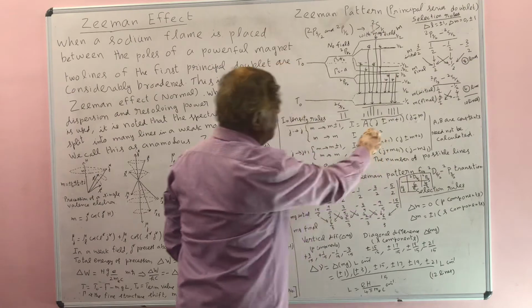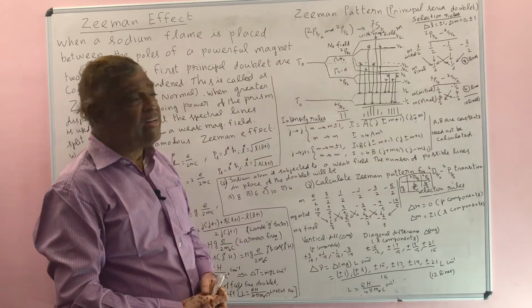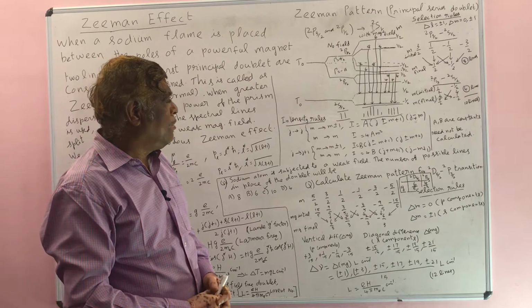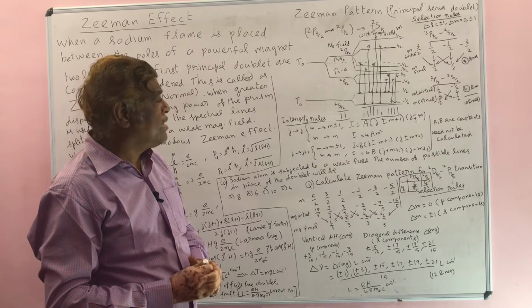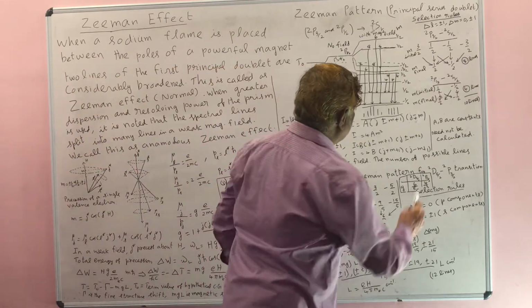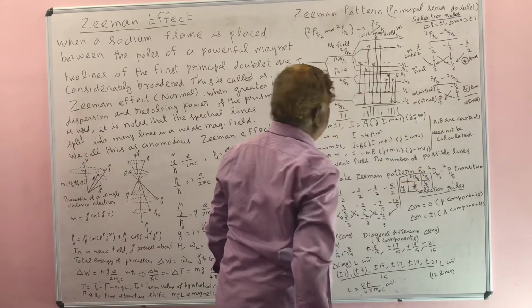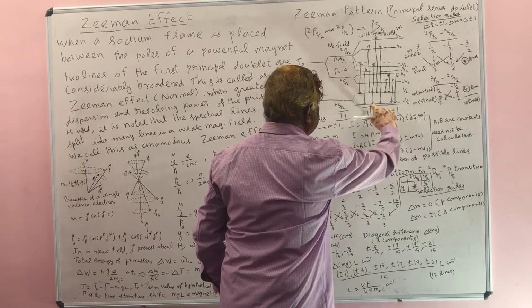These constants A, B, you need not evaluate, because the intensities are relatively measurable. You are comparing the intensity, not measuring the absolute intensity. So you need not evaluate A and B. This height represents the intensity of the lines.